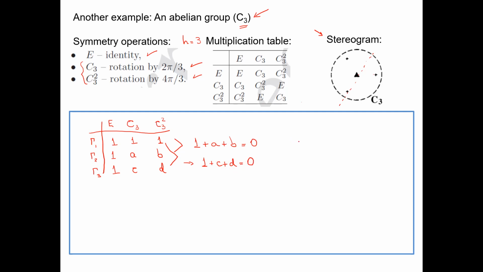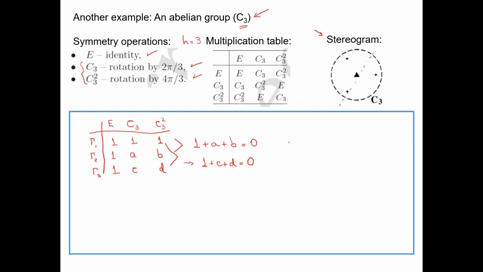What else? I also know that, since the representations are one-dimensional, the characters must also obey the multiplication table of the group.